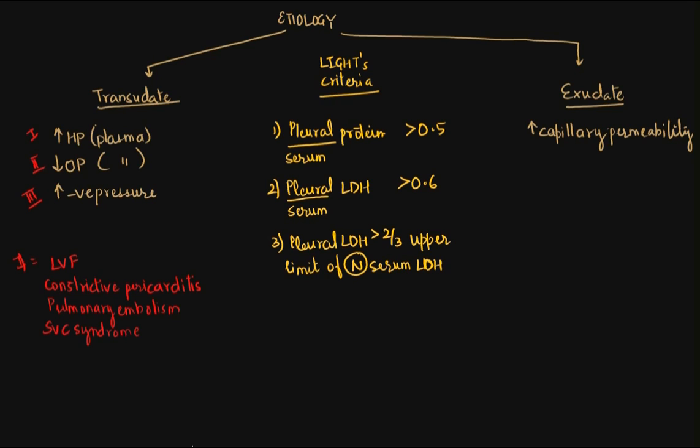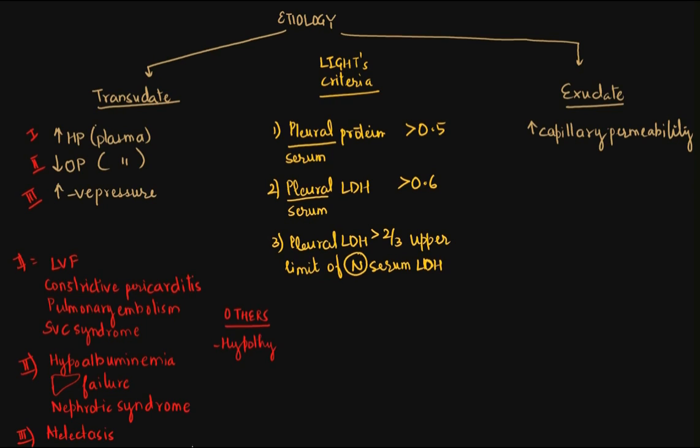Transudates via decreased osmotic pressure within the vessels include hypoalbuminemia, as the majority of oncotic pressure is caused by albumin, liver failure, which causes decreased synthesis of albumin, and nephrotic syndrome. Those via negative pressure in surrounding tissue include atelectasis. Other causes include hypothyroidism and Meigs syndrome.